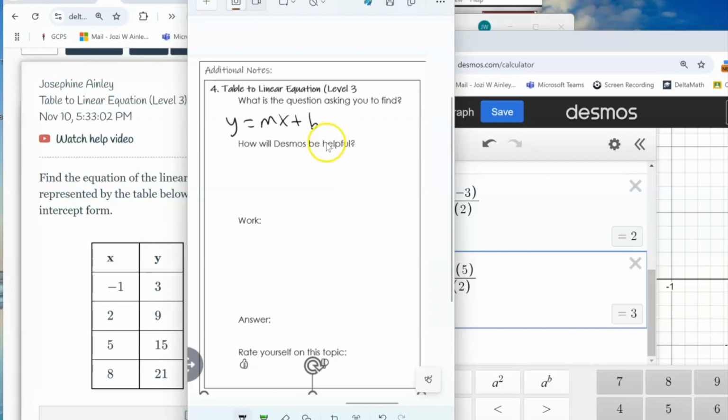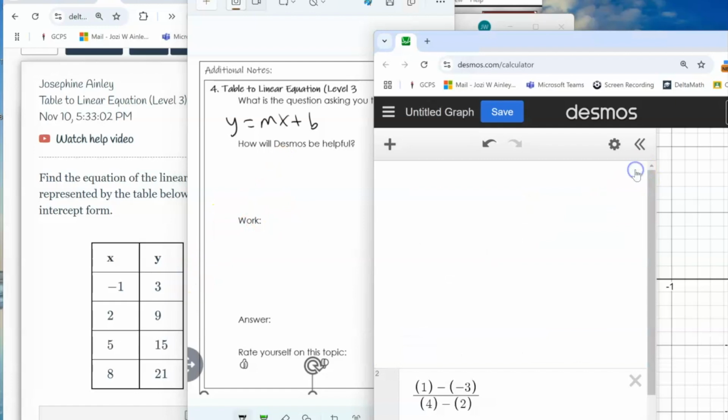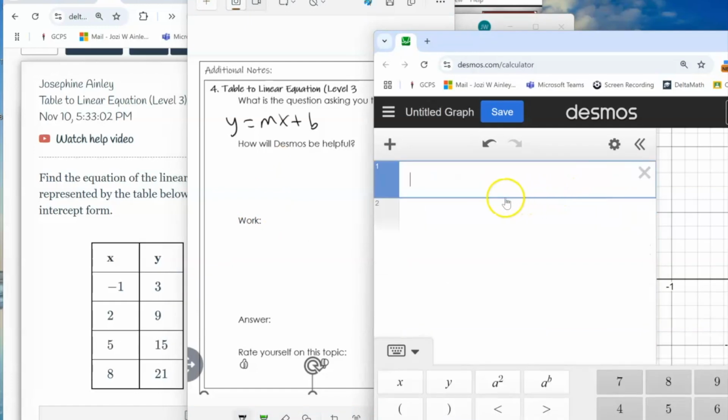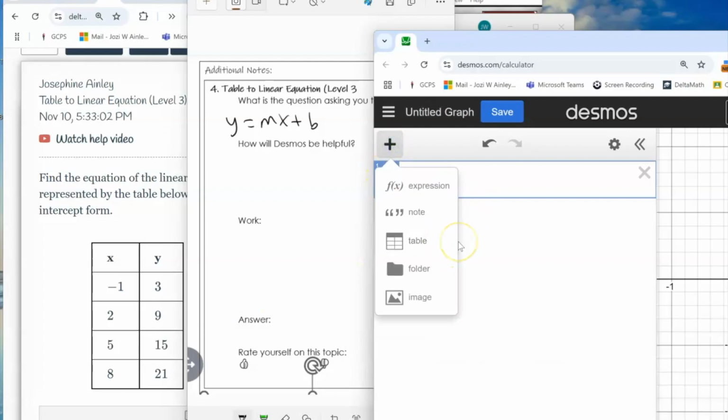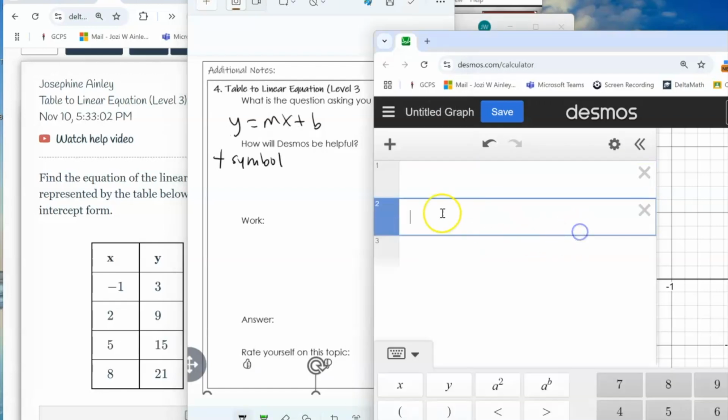Now that you know what it is, how will Desmos be helpful for you to do that? How do I use y equals mx plus b from a table to find it in Desmos? Well, the question gives me a table. So first I have to put the question into Desmos. How do I do that? I press the plus symbol. And again, write your own notes because these are mine. This is what I understand.